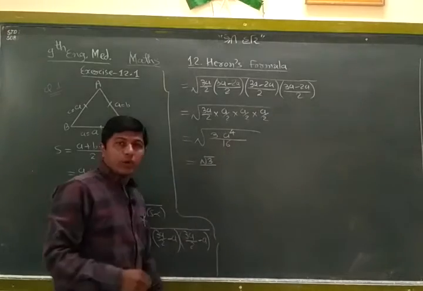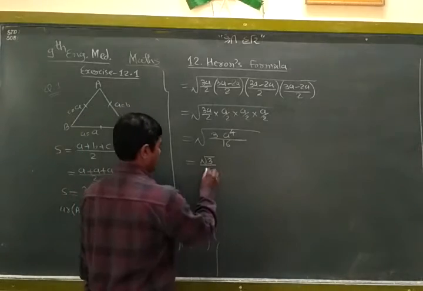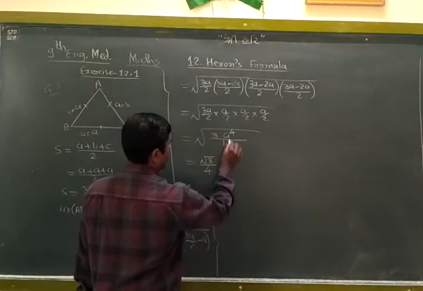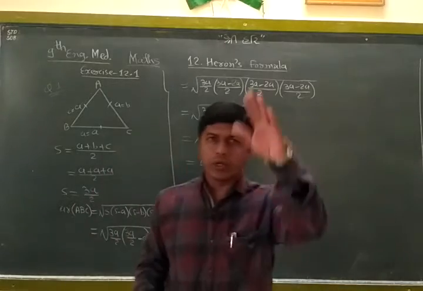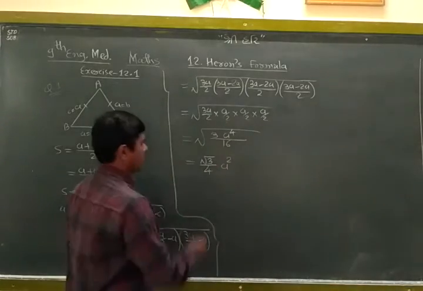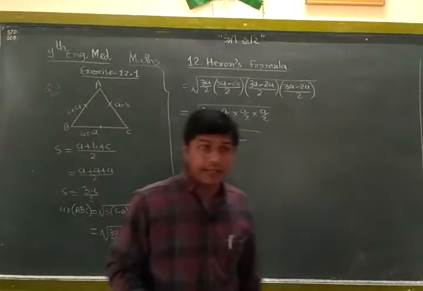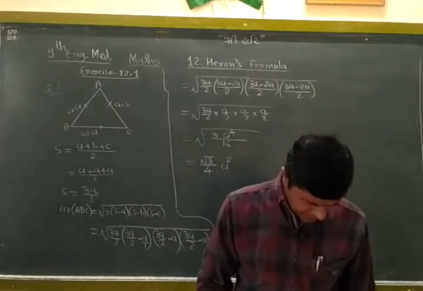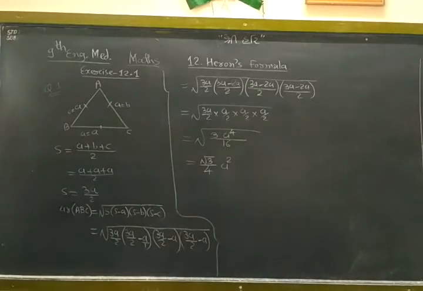Here 16 square root is 4, 4 into 4 is 16. So root 3 into A raised to 4, square root of 4, so root 3 by 4 A square. This is the area of the triangle for side A. Okay, now here second condition.